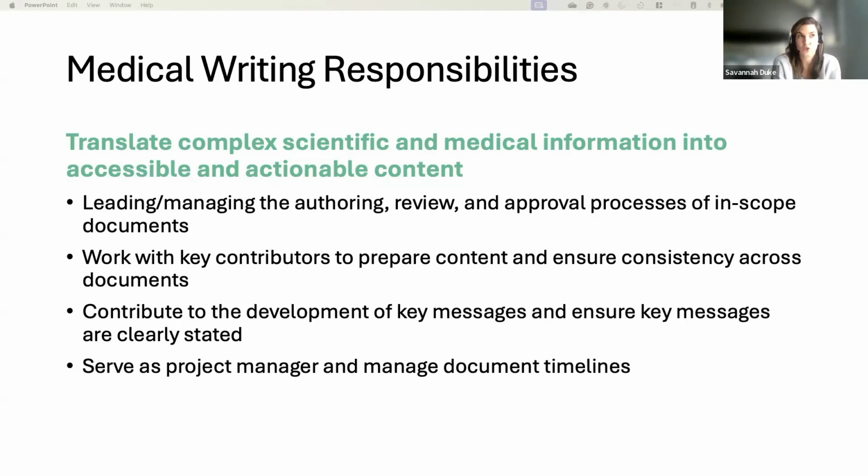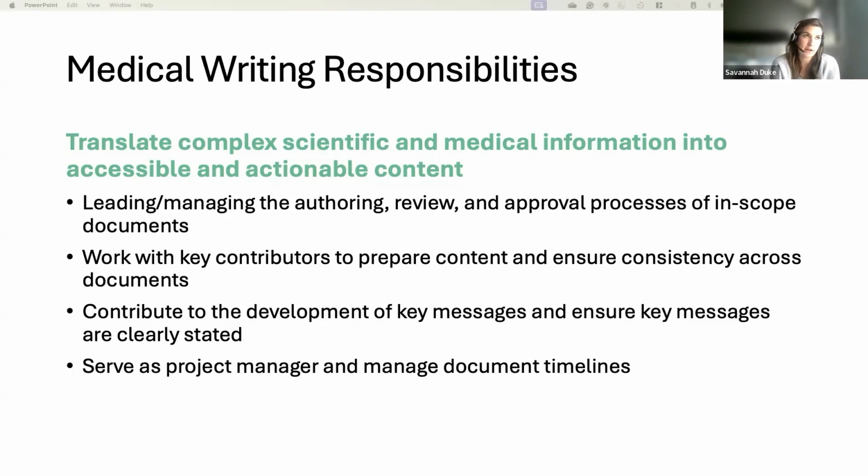We also work with key contributors to prepare content and ensure consistency across documents and across programs. So, if we are working in breast cancer, we want to make sure that all of the protocols and all of the messaging across the program is consistent and aligned with the strategy of the company for that particular program.